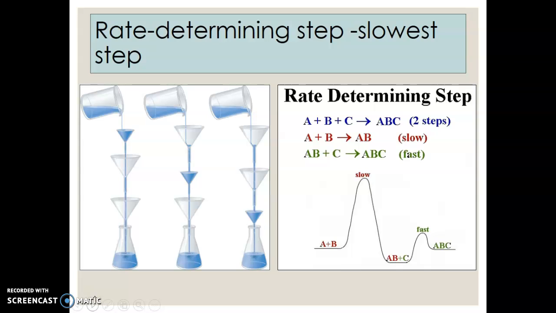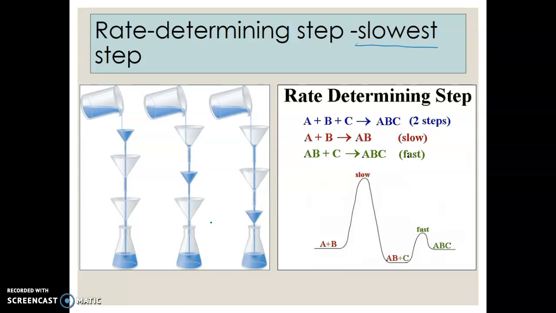The rate determining step is the slowest step of the reaction. If you're walking with a younger brother or sister or niece or nephew, and they just can't walk as fast as you, they're going to determine how fast you walk down the road. The slower person determines the rate.